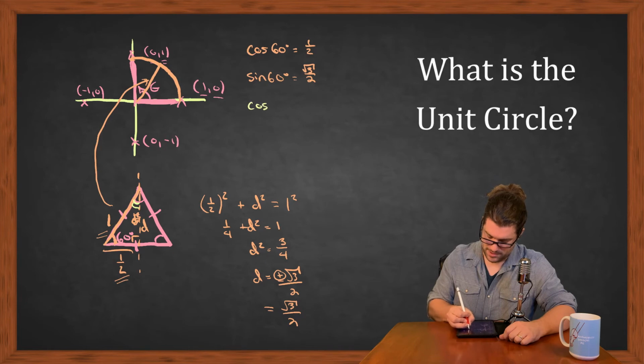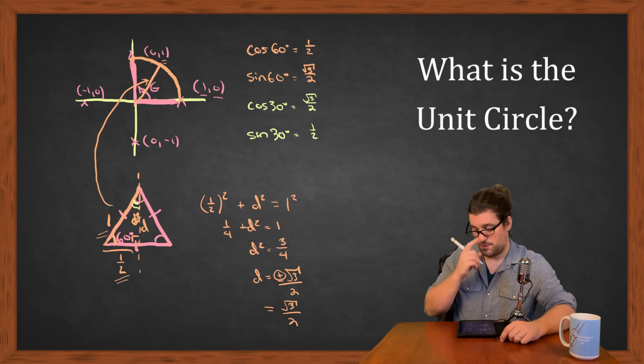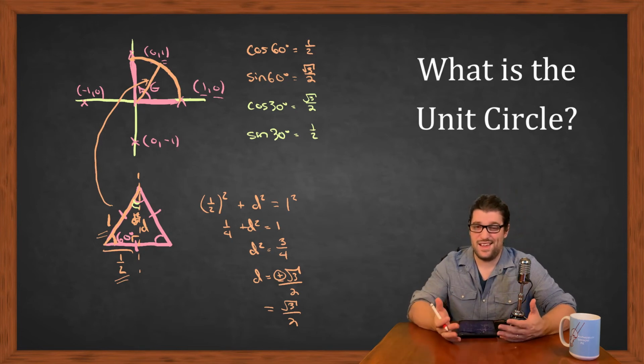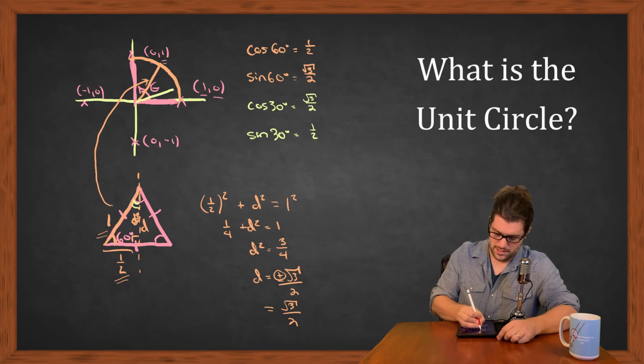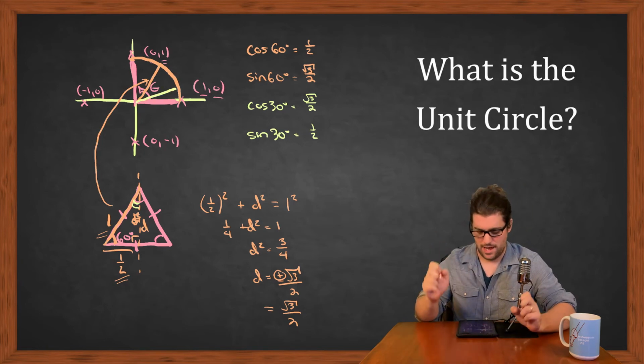So cosine of 30 is equal to root 3 over 2, and the sine of 30 is equal to 1/2. So we have a set of nice trig ratios for two important special angles.